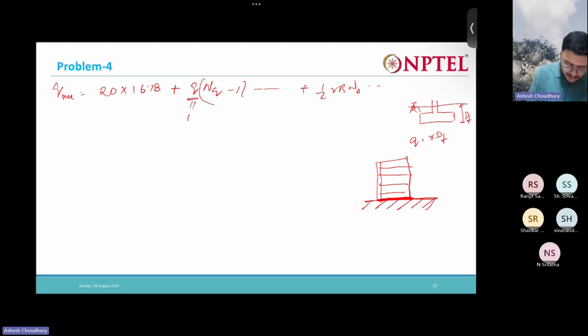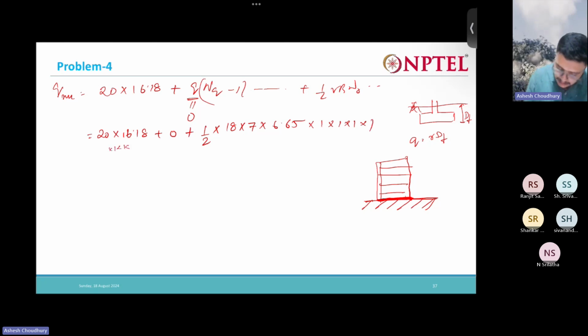So it will be 20 into 16.18 plus 0 plus half γ B Nγ. Other factors are 1, 1, 1, 1. Here also others are 1, 1, 1, 1. I am not writing it again and again.